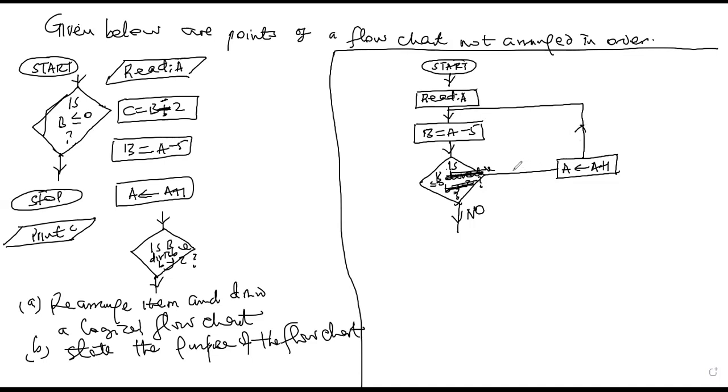Then at this point, this is when it is a yes. Then still you ask, after fulfilling that task, is that B I have gotten divisible by 2? This should be a rhombus. Is B divisible by 2?